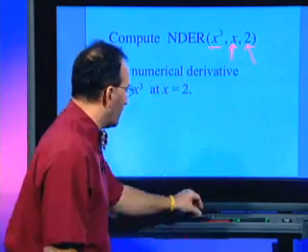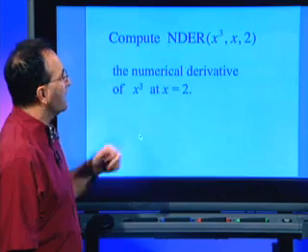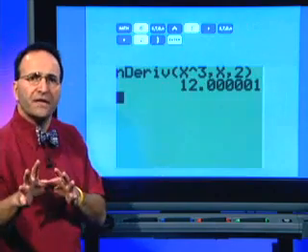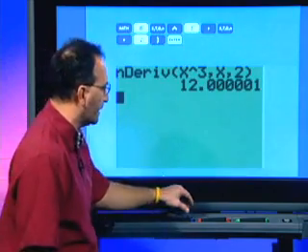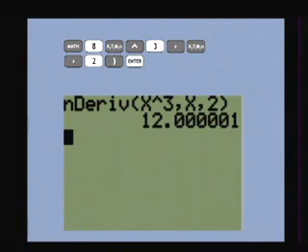Let's take a look at what that would be on the calculator. I've put the key steps up here, and I want to point out that hitting the math key followed by the 8 key will give you nDeriv. In the book that you're using, it's called nDer.